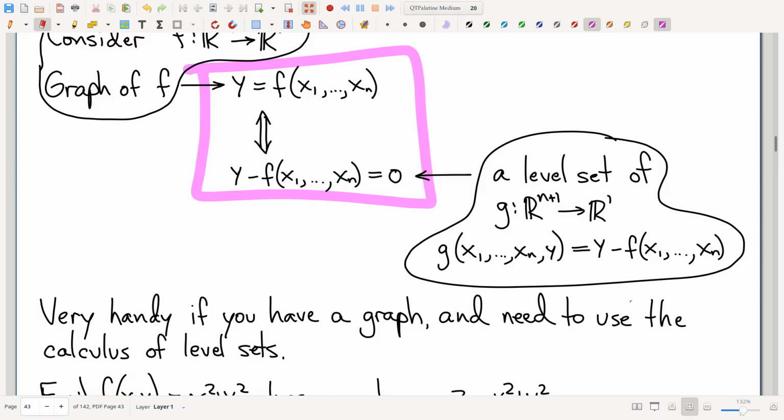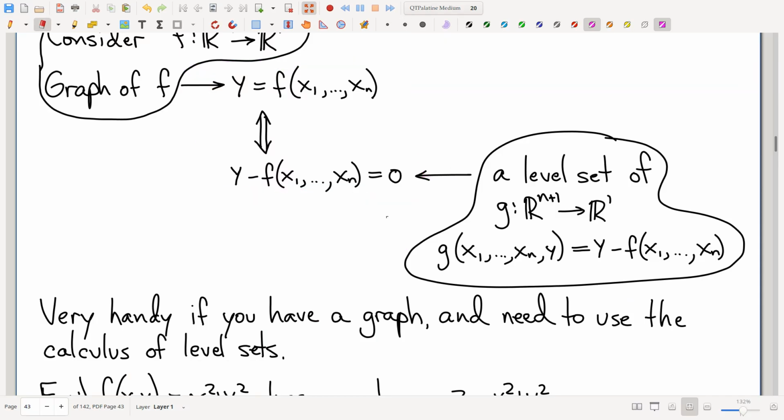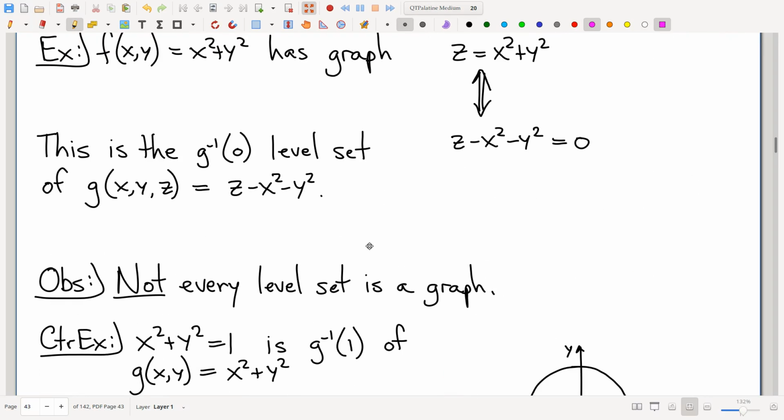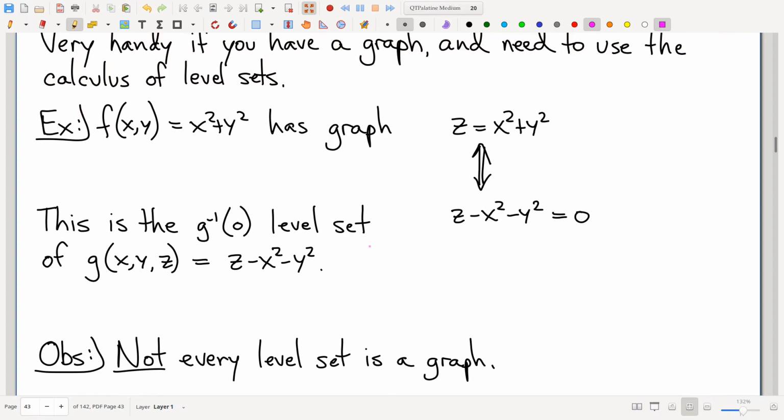Okay, so let's see an actual hands-on example. So here we go. Suppose I am asked, for whatever reason, I am interested in the graph of that function f. That's some surface. And I claim it's kind of a bowl shape. Again, we'll talk about that later on. Pretty soon, actually, probably.